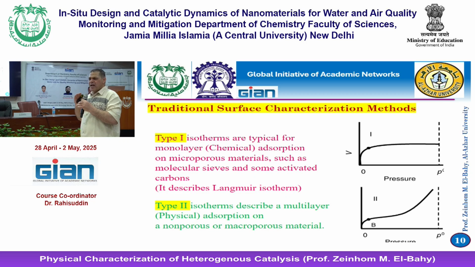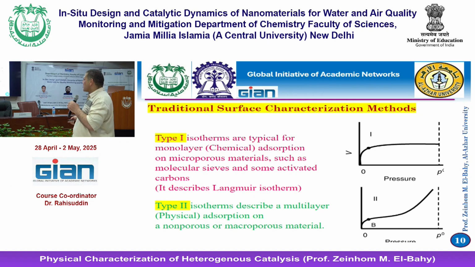If the amount of nitrogen absorbed increases after the monolayer, this means we either still have chemical absorption, or we change to physical absorption. Condensation of the gas will happen, and the absorbed amount will increase like this.